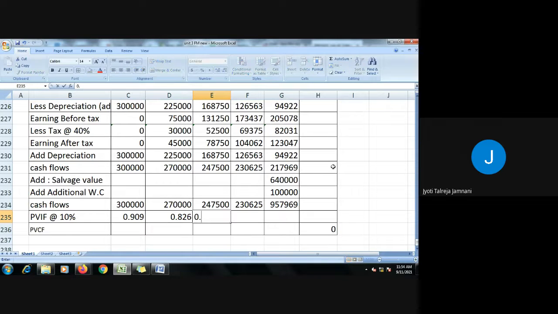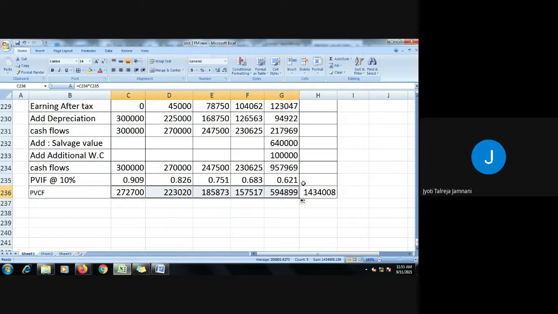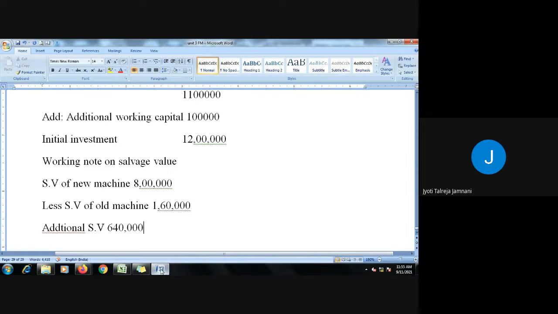So at 10%, the table values are 0.909, 0.826, 0.751, 0.683, and the last one.